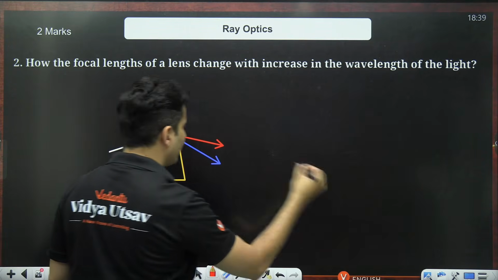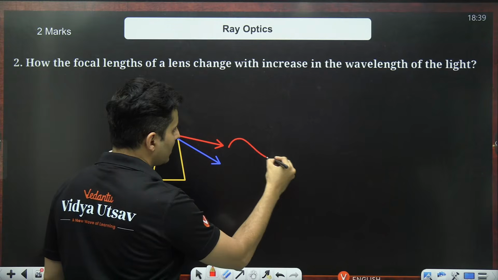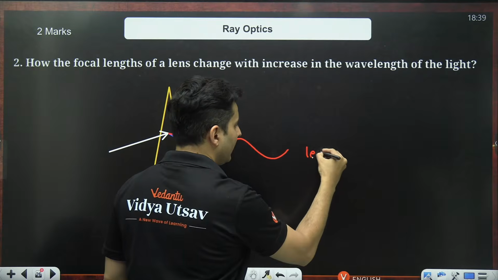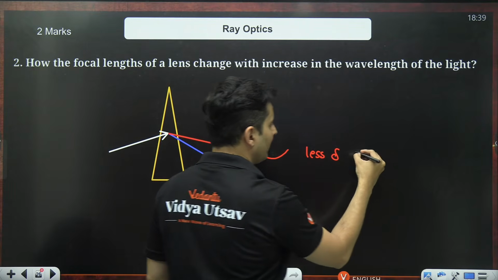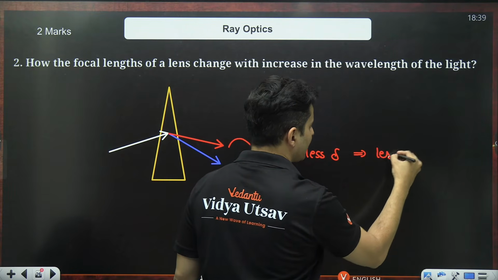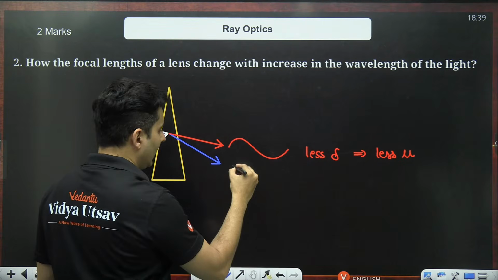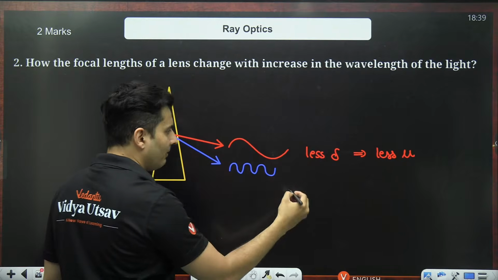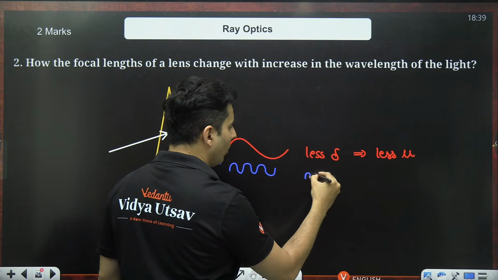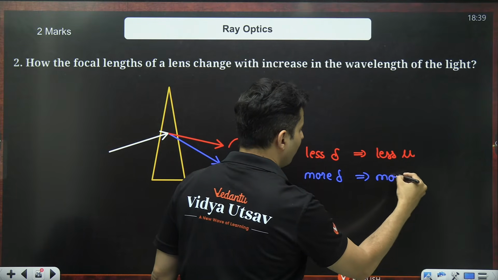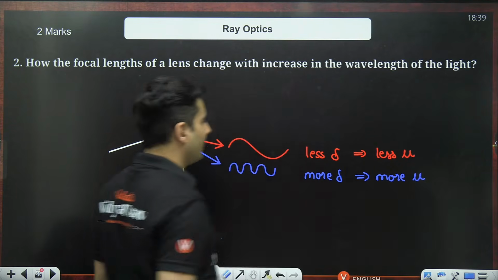This clearly tells me red light, which has a large wavelength, has less deviation, which means it has less refractive index, whereas violet light has a very short wavelength, so it has more deviation, more delta. That means it has more refractive index.